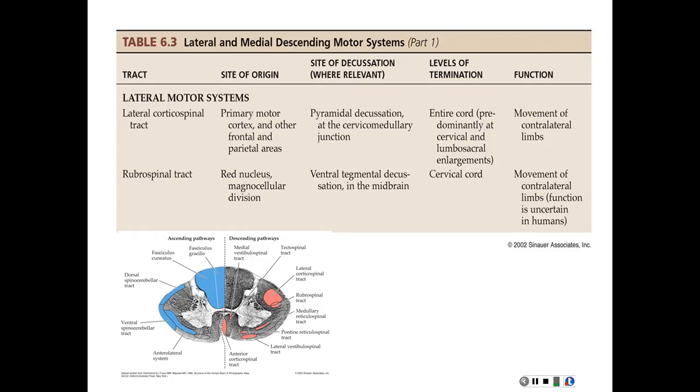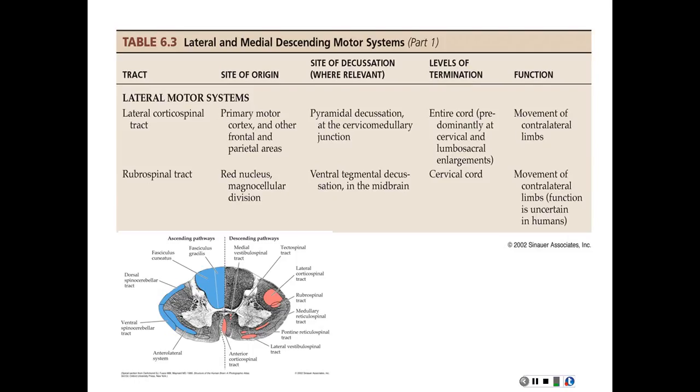Where do they terminate? Well, they terminate throughout the entire spinal cord. There are motor neurons at every level of the spinal cord that require this regulatory cortical information. To move your neck the way you want, you need information. To move your limb, upper limb, lower limbs, you need that information. Intercostal muscles, you need that information. So, we're descending all the way through.